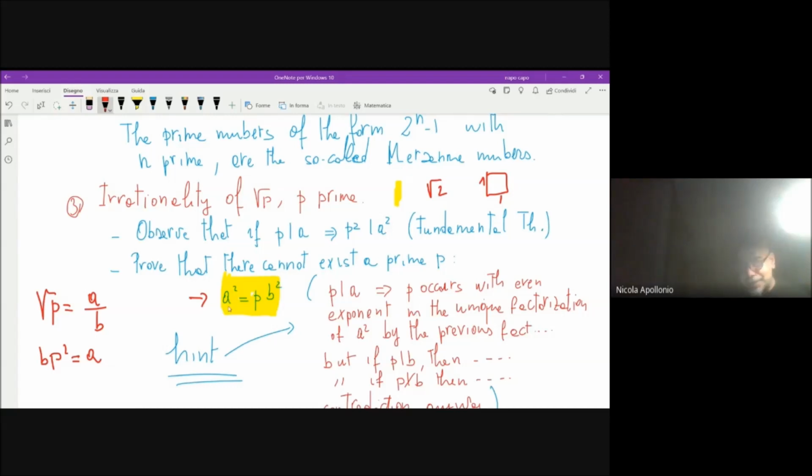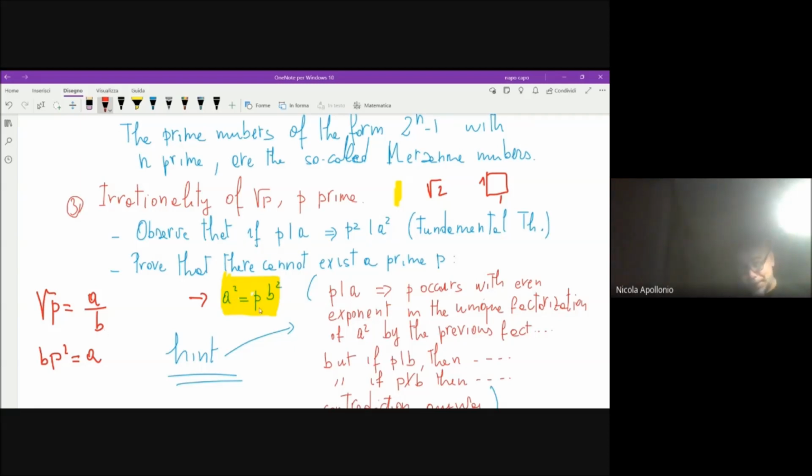So from looking at the left-hand side, it requires P. Of course, B squared could contain P, but it does not, because A and B are coprime.